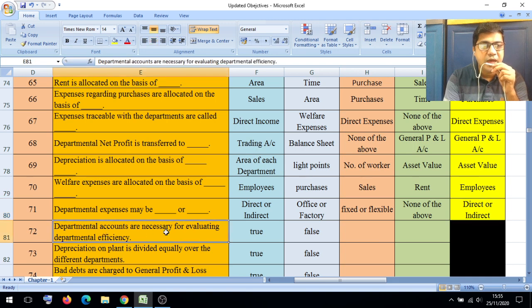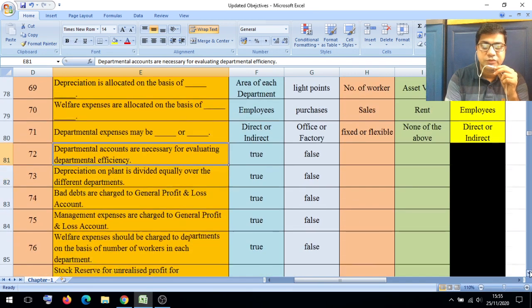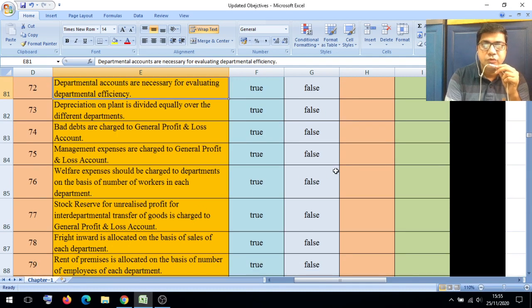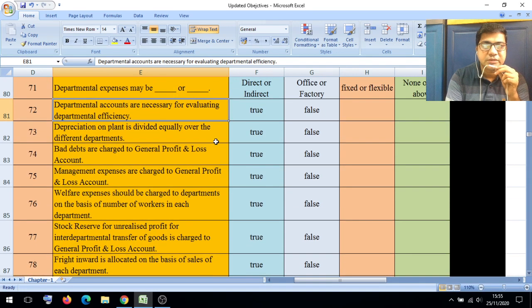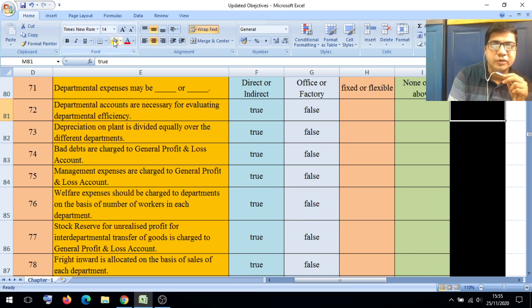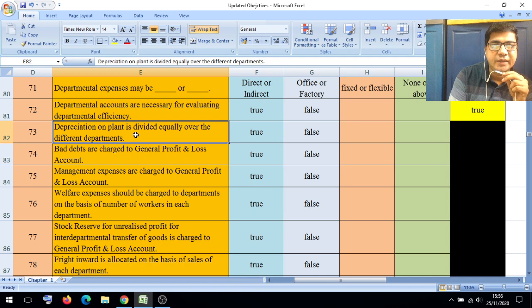Departmental accounts are necessary for evaluating departmental efficiency. Now this particular question belongs to true or false. Now true or false, that we will discuss. The departmental accounts are necessary for evaluating departmental efficiency. Is it right or wrong? It is true. Depreciation on plant is divided equally over different departments.